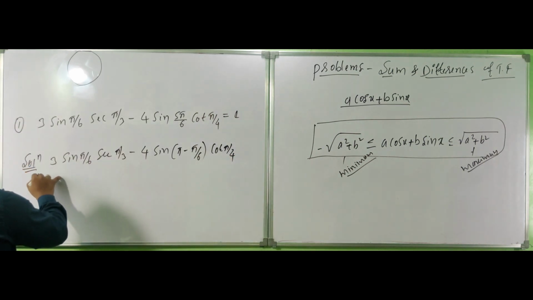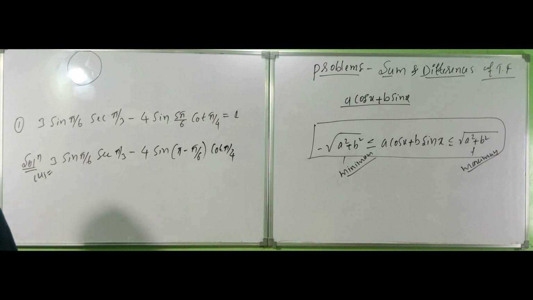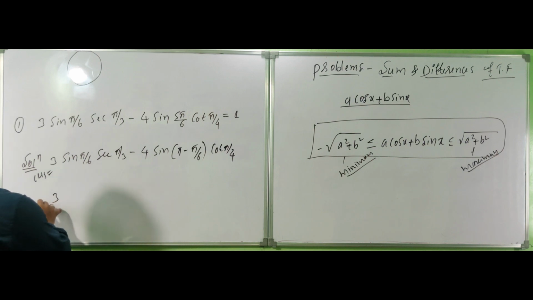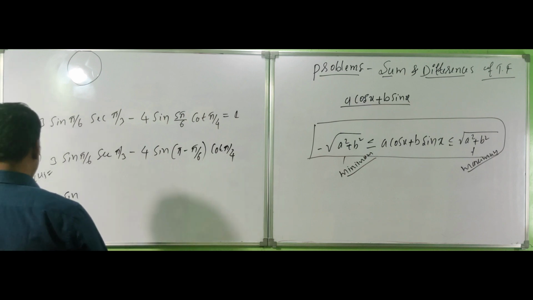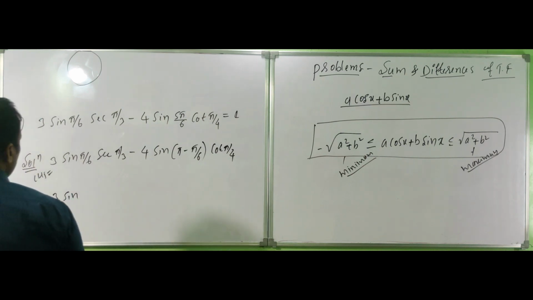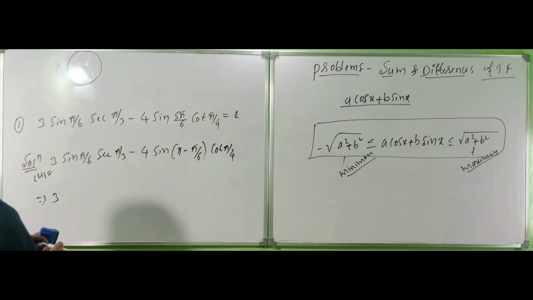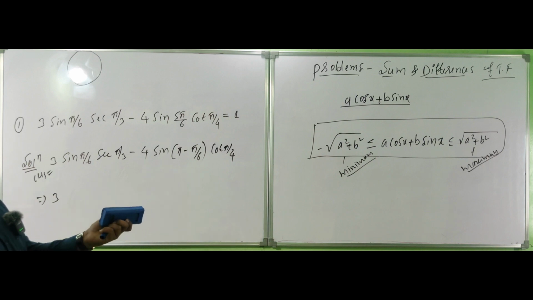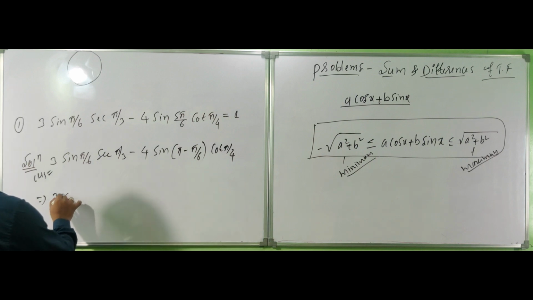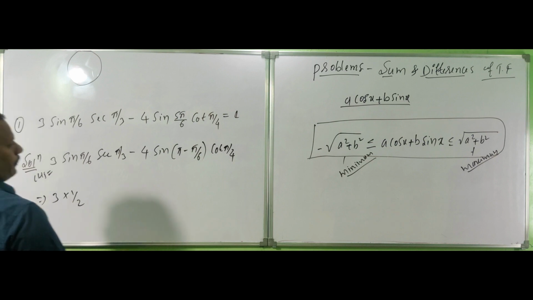LHS is equal to 3 into sin(pi/6). Sin(pi/6) means sin 30, which is 1 by 2.